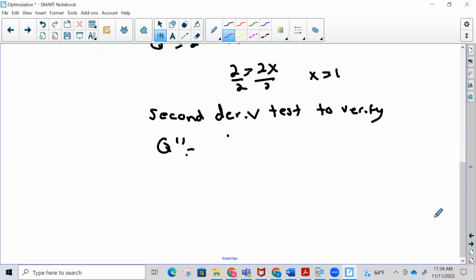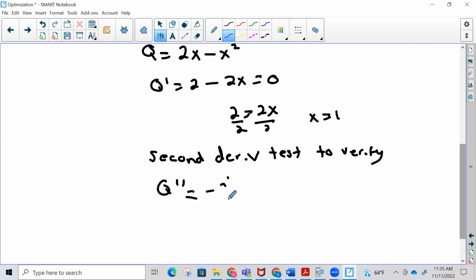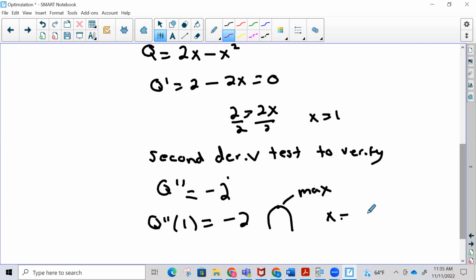So the second derivative is -2. Okay, so even if I plug in my critical point of 1, it's still -2 because there's no variable, which means my original function is concave down and the critical point is a max. So x equals 1 is where a max occurs.